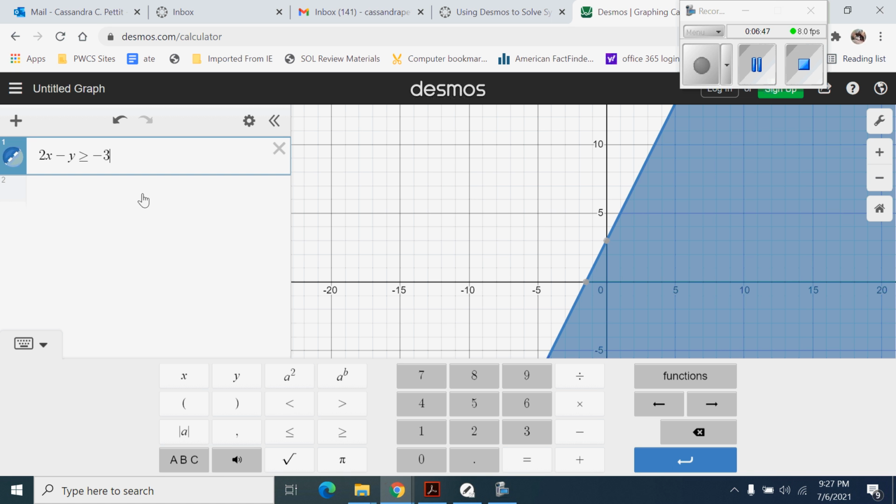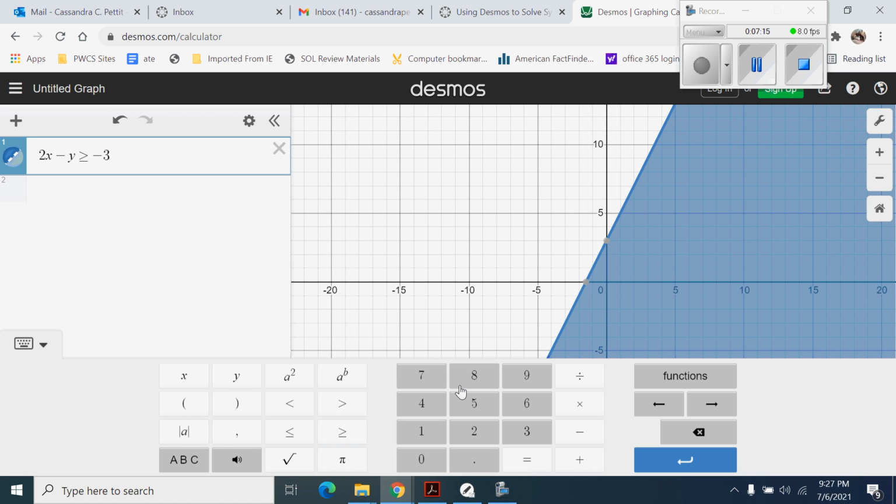If we were to solve for y, we would have had to divide by -1, which is the coefficient of y right here. So we would have had to flip the sign. This has already done it for us. We have a solid line, and we're going to shade below because we would have had to flip the sign, right? So this is what it looks like.